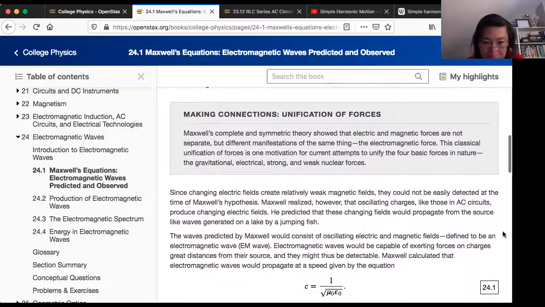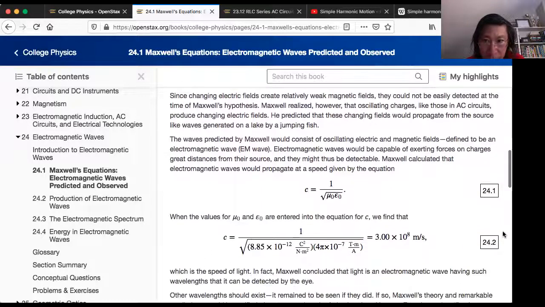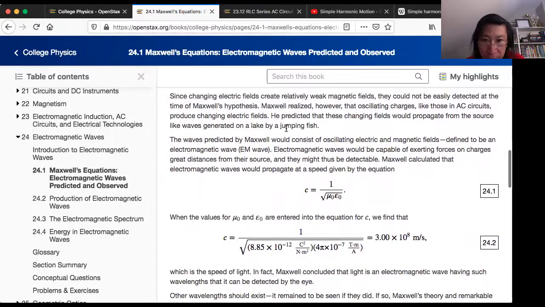Now, take a look here, all right? This is the point that Maxwell was trying to explain. When you have AC circuits, oscillating charges, they produce changing electric fields. And if they're changing electric fields, they're also producing magnetic fields too, right?